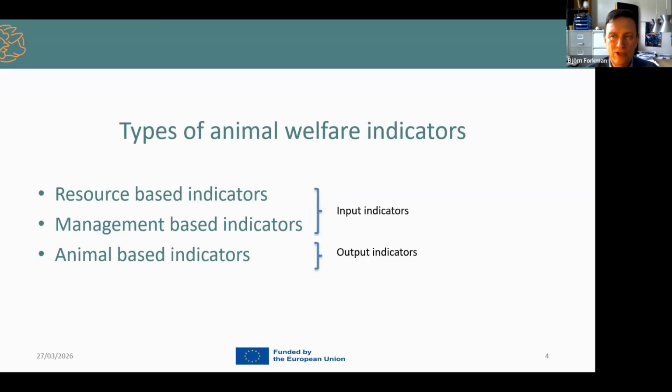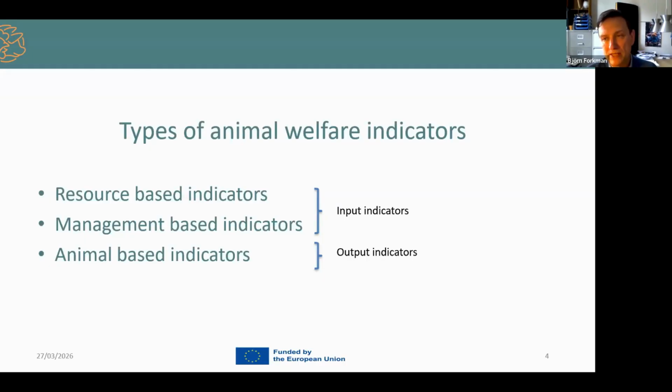And therefore, people have started focusing much, much more on animal-based indicators. So animal-based indicators are all indicators which are measured on the animal. So, for example, number of scratches, tail biting, body condition, but also behavior, aggression, for example.